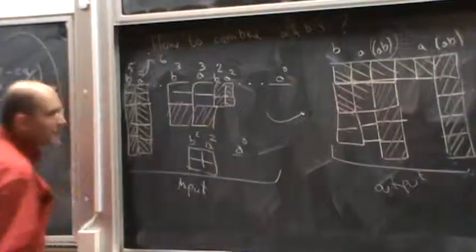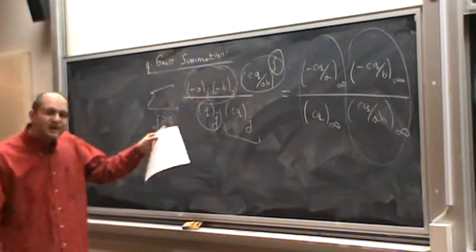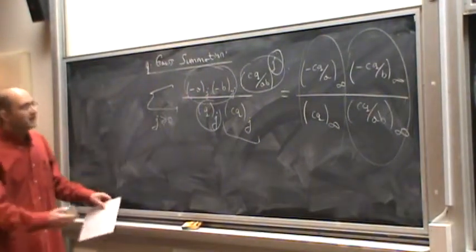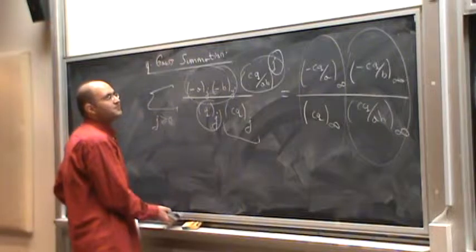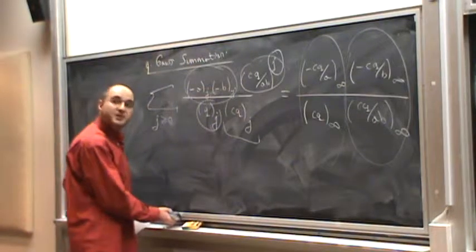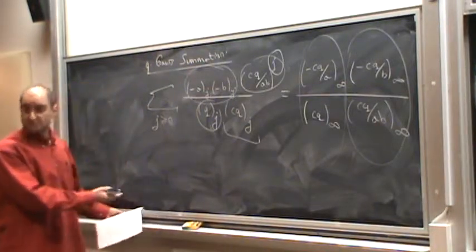Okay. Now back to the question, if this was done before, why did we do it again? We wanted to prove the finite version of q-Gauss summation, which is known as q-Chu-Vandermonde summation.